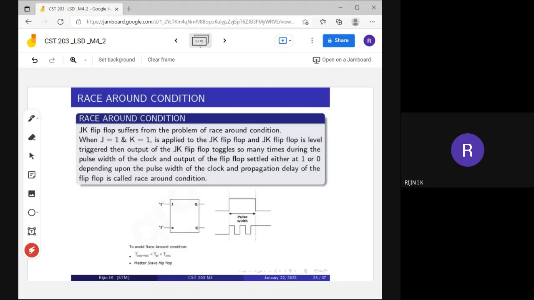This situation we call the race around condition in JK flip-flop.